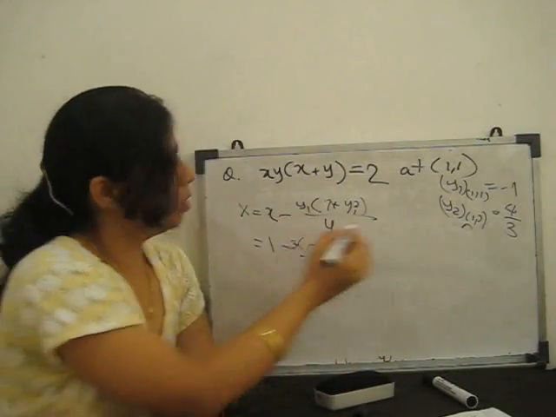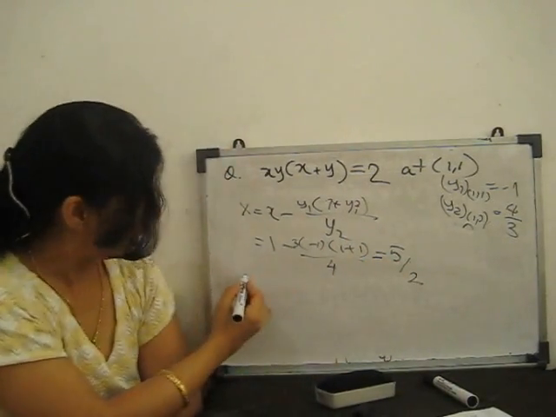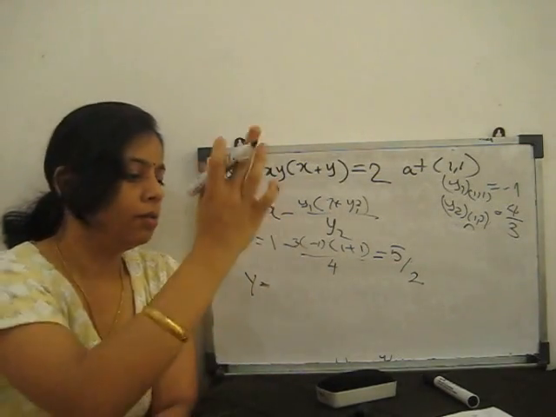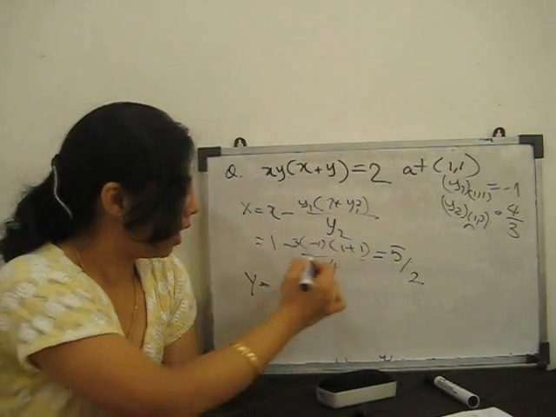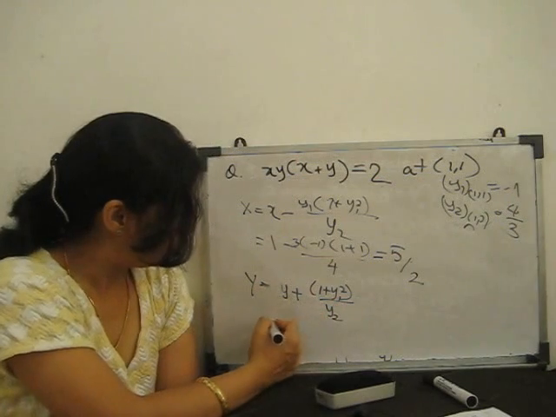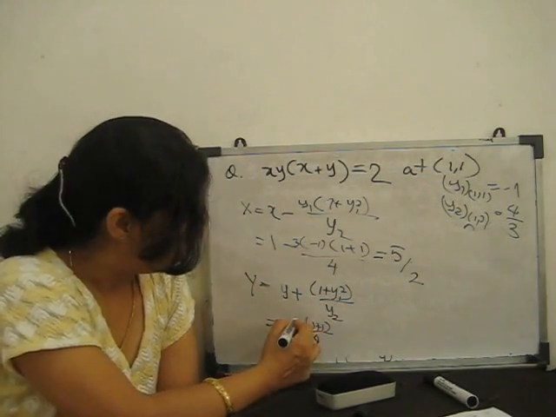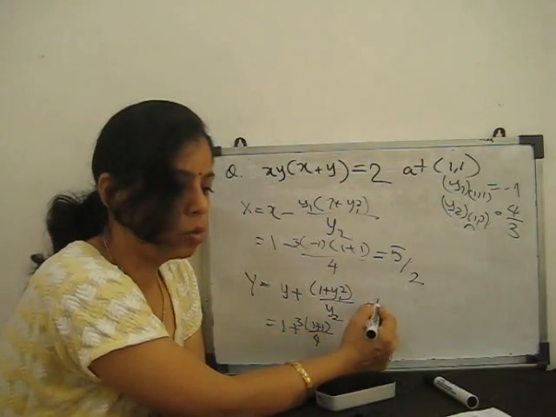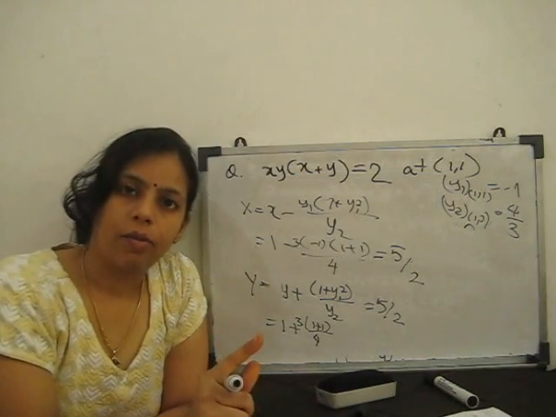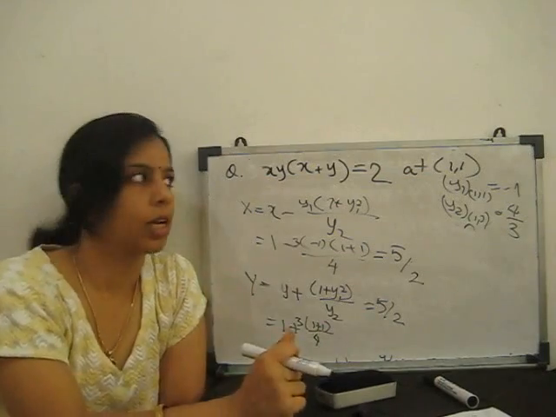We find capital X equal to 5 by 2. Similarly, for capital Y we substitute in the formula y plus (1 plus y1 square) upon y2, which gives 1 plus 1 upon 4 by 3, so Y is also 5 by 2. So our center of the circle of curvature is (5 by 2, 5 by 2) for the given curve at point (1, 1).